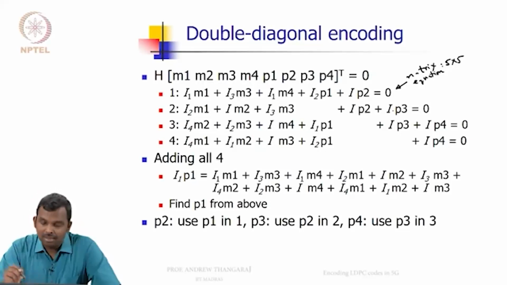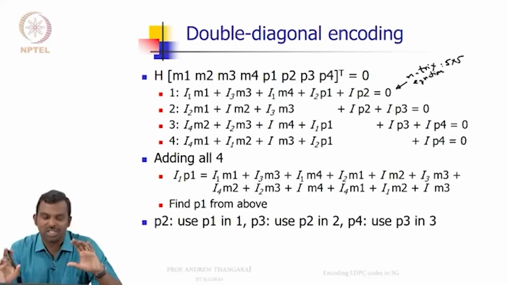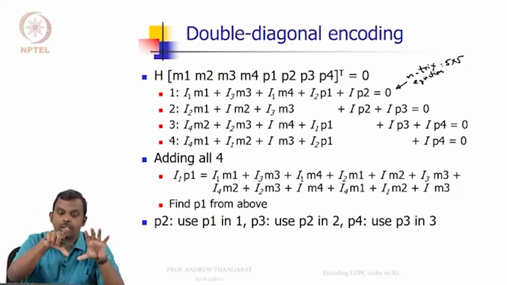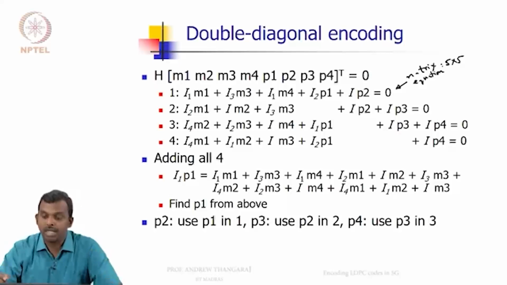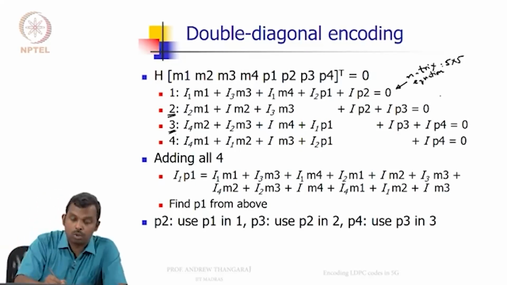Once again, there is a transpose here, which I'm not showing in the notation. Hopefully it's clear to you. So I put I1 and then put M1 as a column vector, and multiply and add up. So I get this equation. And then this is the second block row, this is the third block row, and this is the fourth block row.